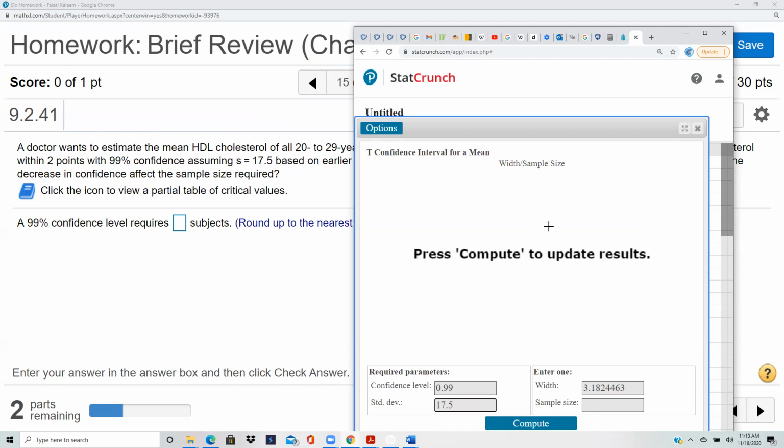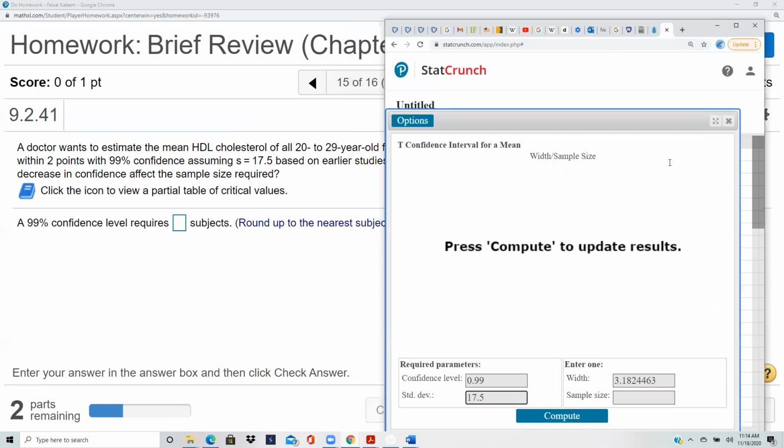And now, with your improved knowledge of the width and the margin of error, what goes in for the width?